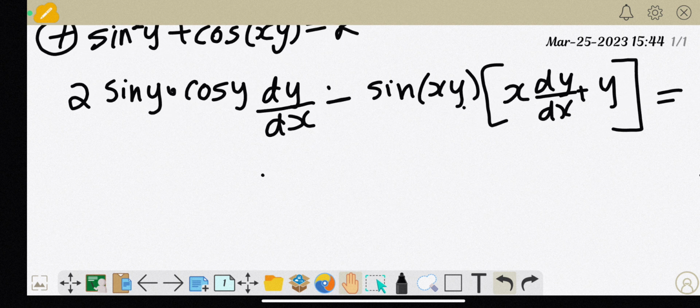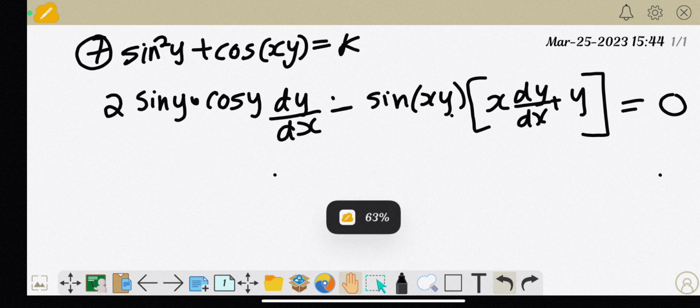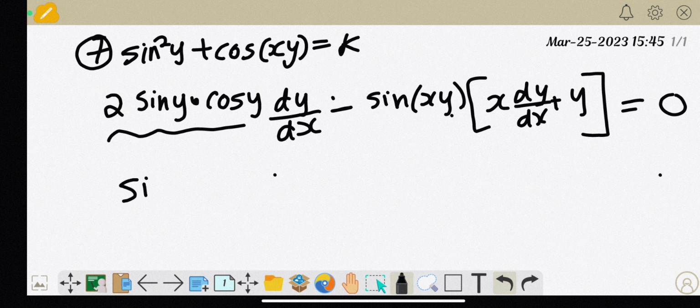Now what we can do? Here there is a formula: 2 sin y cos y is sin 2y, correct? Trigonometric identity.